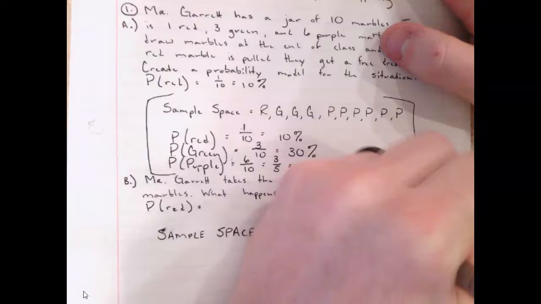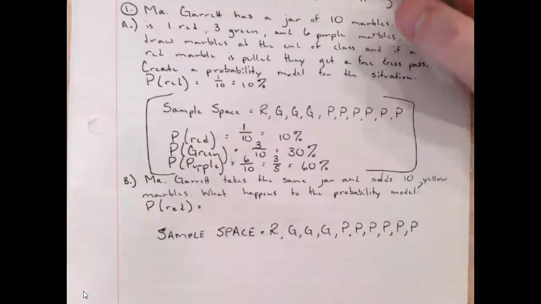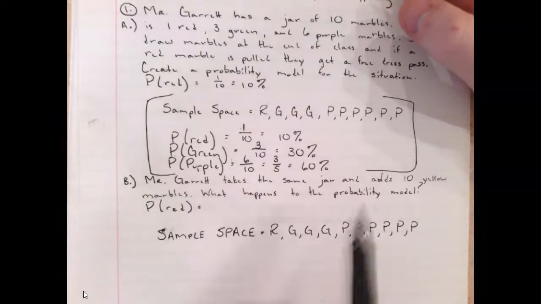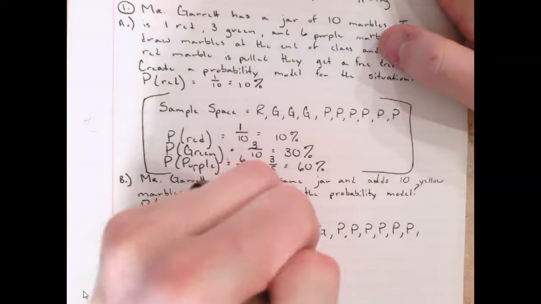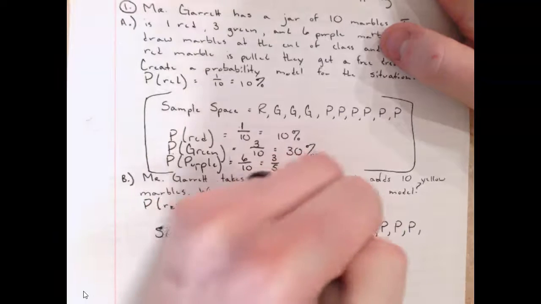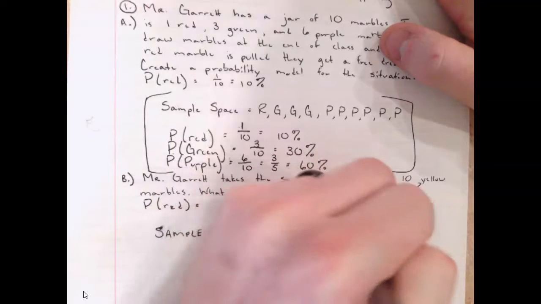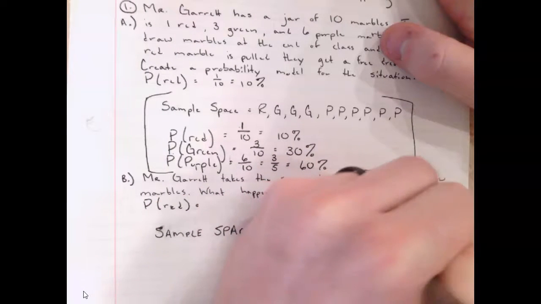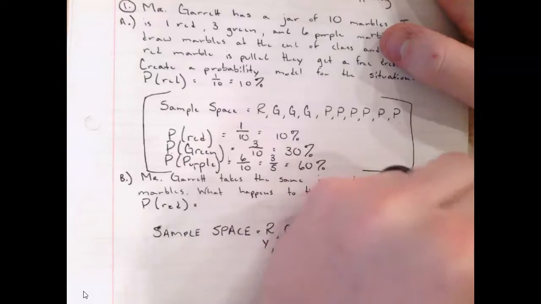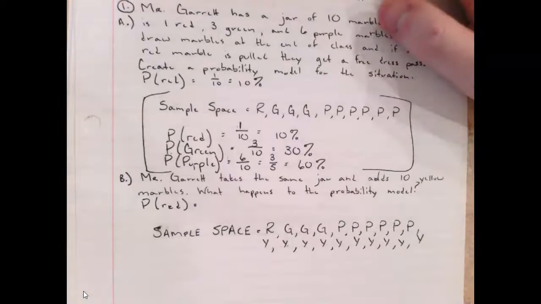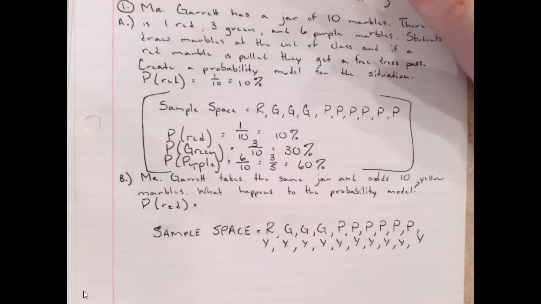I also have 10 yellow marbles now. So my probability model has changed. It's not the same anymore. So we can list all 10 yellow, 2, 3, 4, 5, 6, 7, 8, 9. Let's add one more. Alright, so there's my sample space. It has all my different outcomes possible.